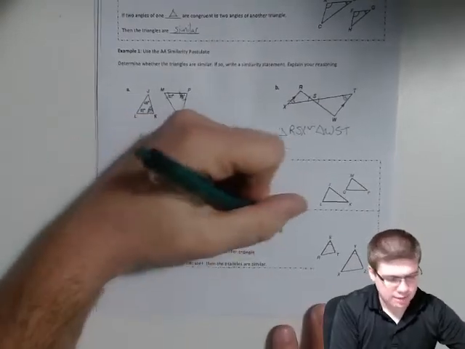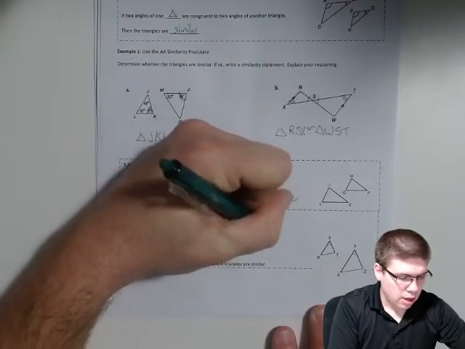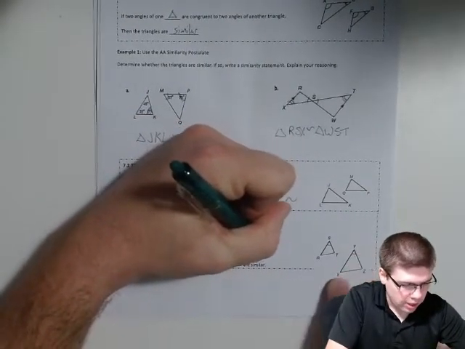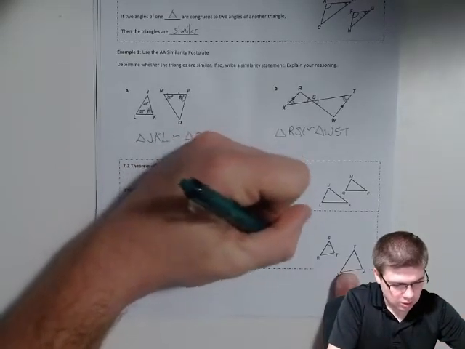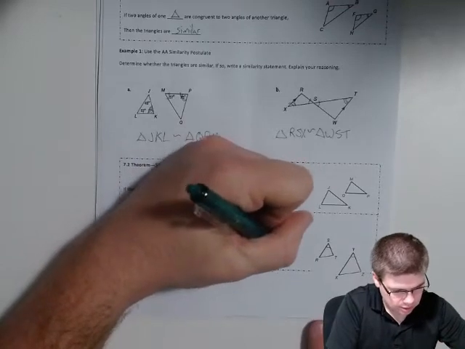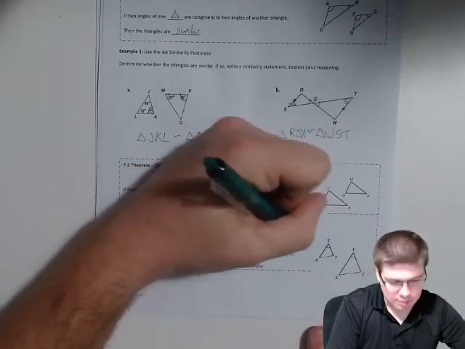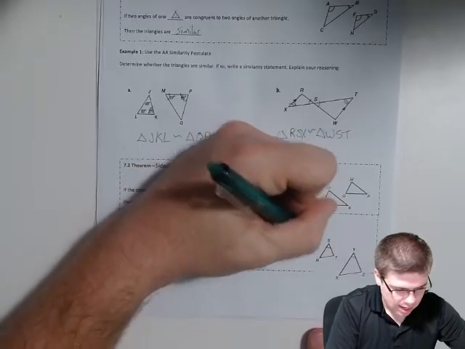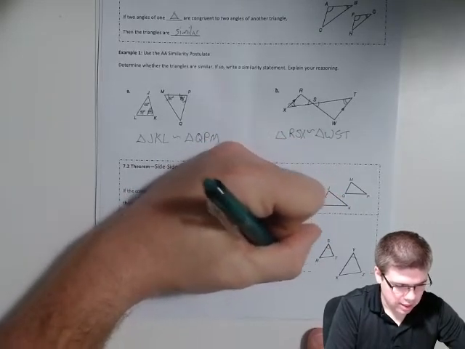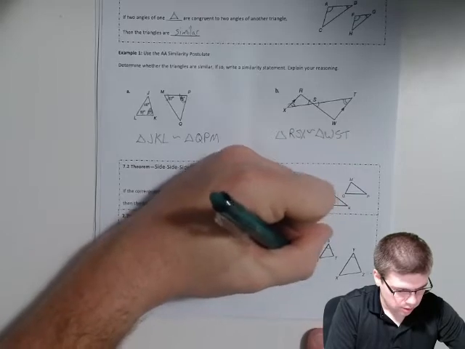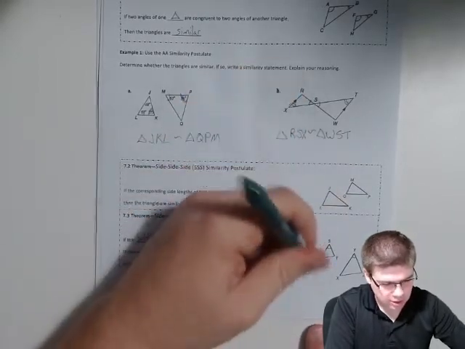So in this case, if I know that RS over YX is the same as ST over YZ, and if we know angle S is congruent to angle Y, then we know that they are similar.